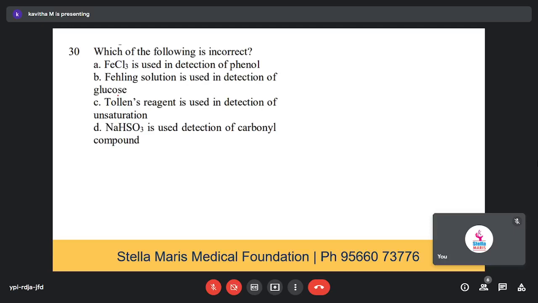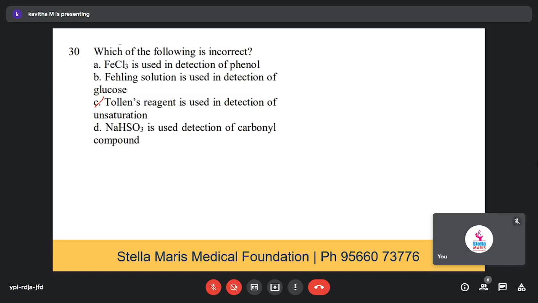And the next one is sodium bisulfite, used for detection of carbonyl compounds. That is correct. So the question asked is which of the following is incorrect, and the answer is Tollens reagent for the detection of unsaturation. Tollens reagent is used for the detection of aldehydes and ketones, as well as carbohydrates. Is it clear?